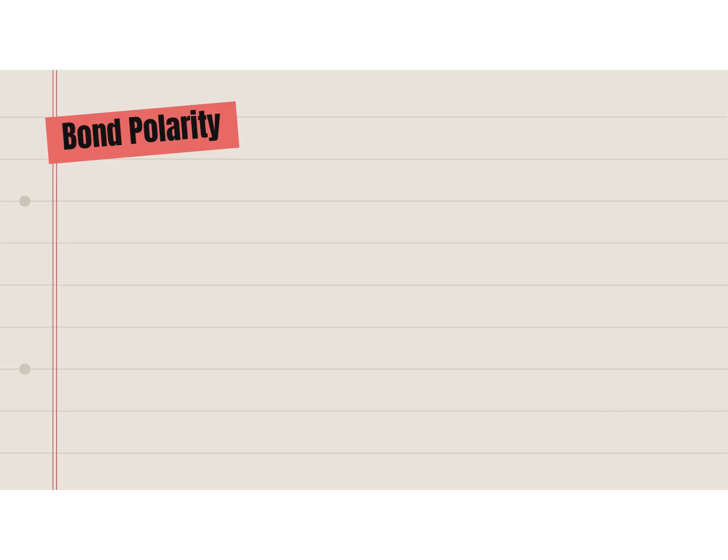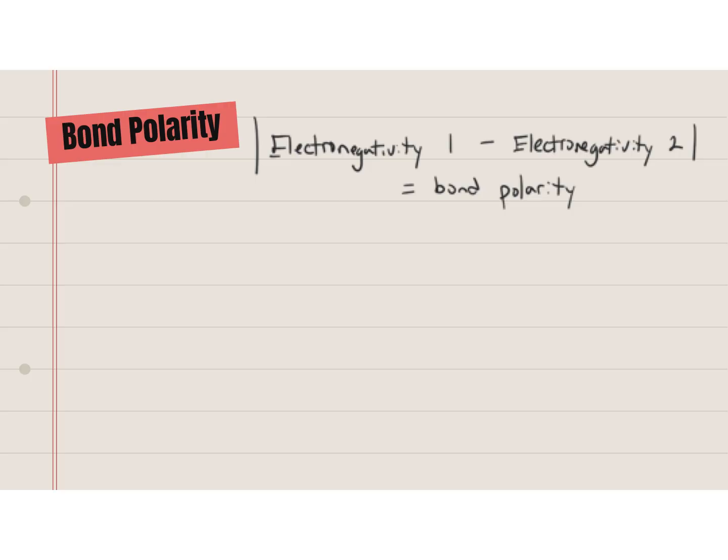Well, it's pretty simple. All you need to do is take the two elements that are in question, or in other words, the two elements that are bonded to each other, and find their electronegativity values. If you take the electronegativity value of element 1 and subtract the electronegativity value of element 2, you get the bond polarity.